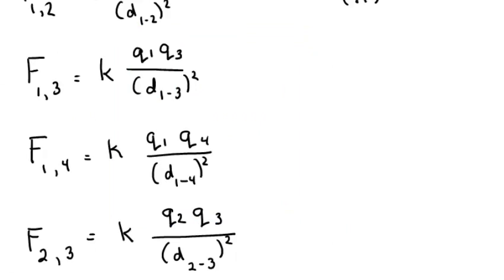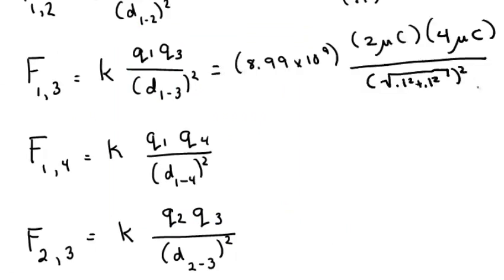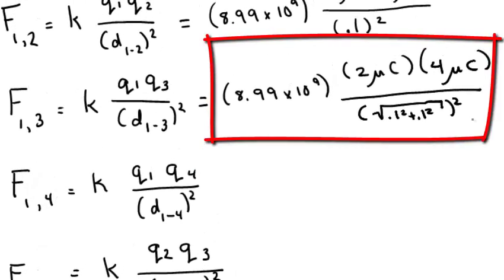I can now go on and fill in some of these other numbers. So the force between charge 1 and 3 is equal to 8.99 times 10 to the 9th times 2 microcoulombs times 4 microcoulombs divided by the square root of 0.1 squared plus 0.1 squared, that quantity squared.